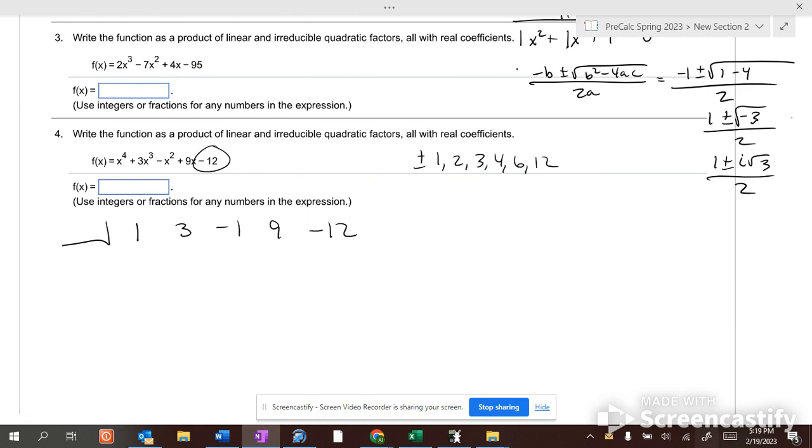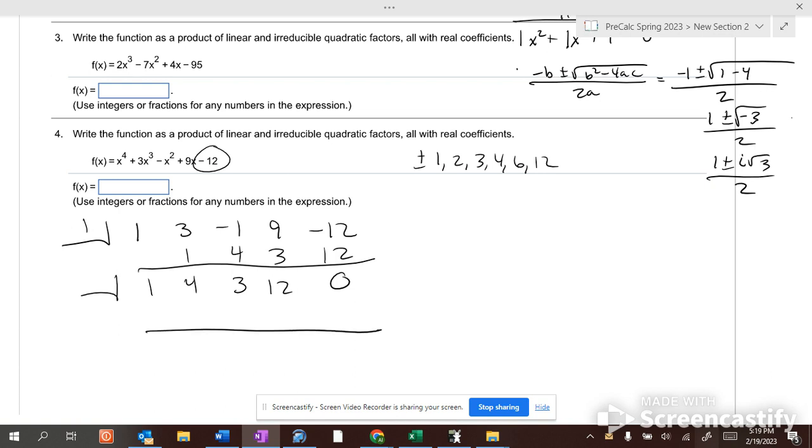So let's try 1 first. 1, 1, 4, 4, 3, 3, 12, 12, 0. Yeah, that worked. Okay, so there's one of our factors. And now we have, should we try it again? We can't try it again because if they're all positive numbers, it would just keep getting bigger.